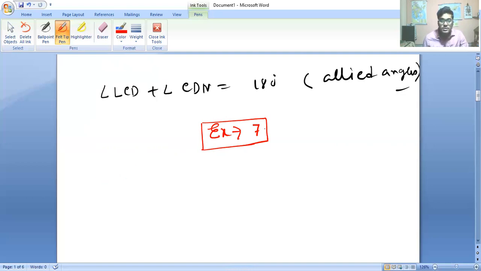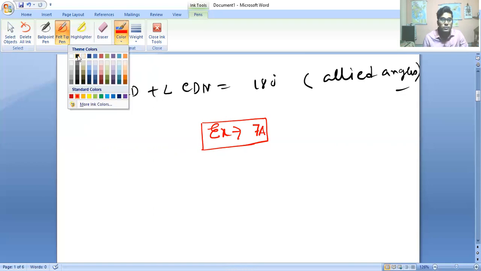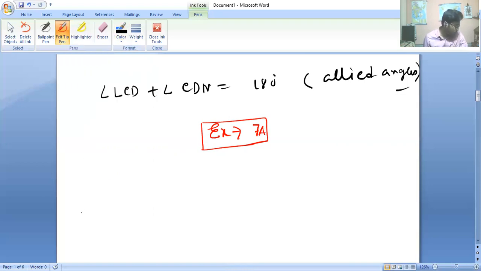So exercise 7A we are solving now. Okay. We are solving from question number 2. Complementary angles. Remember, two angles are complementary if their sum is 90 degrees. Okay. So complement of each of the angles, suppose 1.